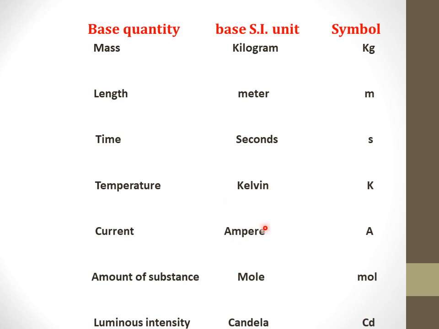Kelvin was a scientist, Ampere is a scientist, Candela is a scientist. The symbols of these units are capitalized. So we have capital K for Kelvin and capital A for the ampere, because these were named after scientists.